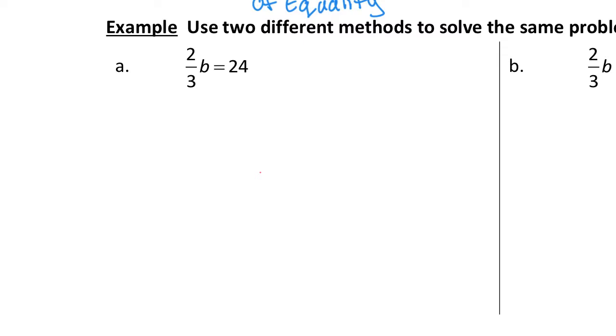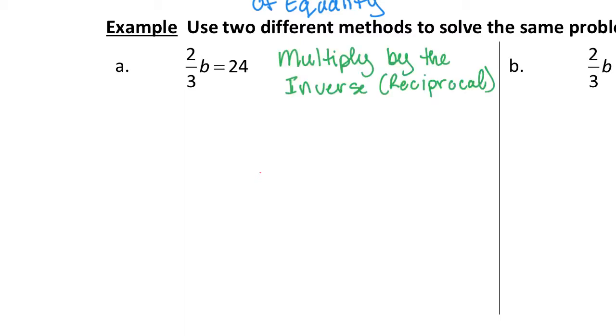So the first method I'm going to show you is called multiplying by the inverse. Since we have 2/3 times b equals 24, we're going to multiply by the reciprocal of 2/3 on each side.